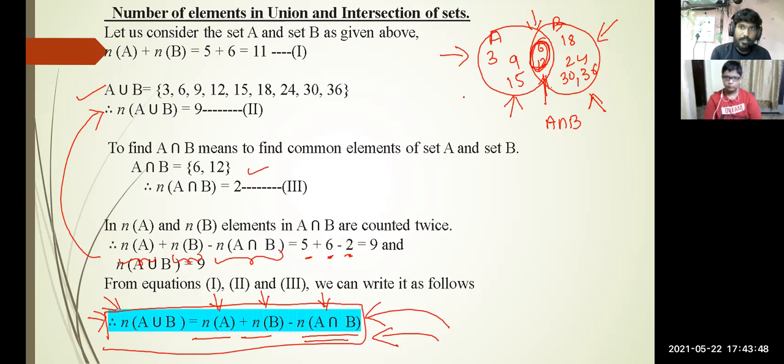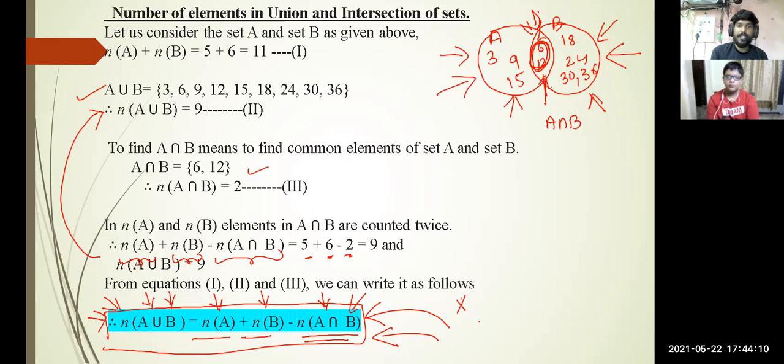It is counted when you count elements in A, and again when you're counting elements in B. So that is why we subtract n(A ∩ B), so that it is counted only once when you're finding the number of elements in the union.